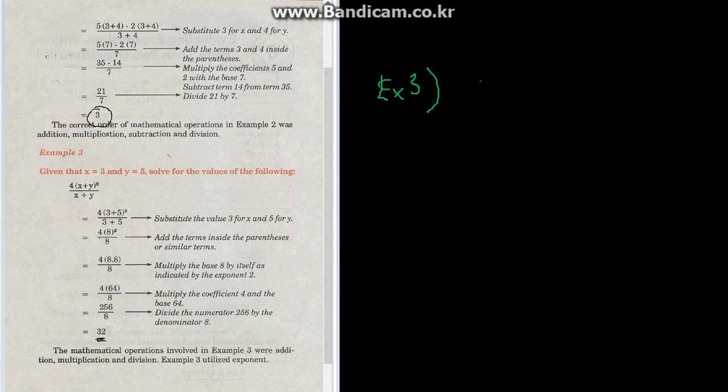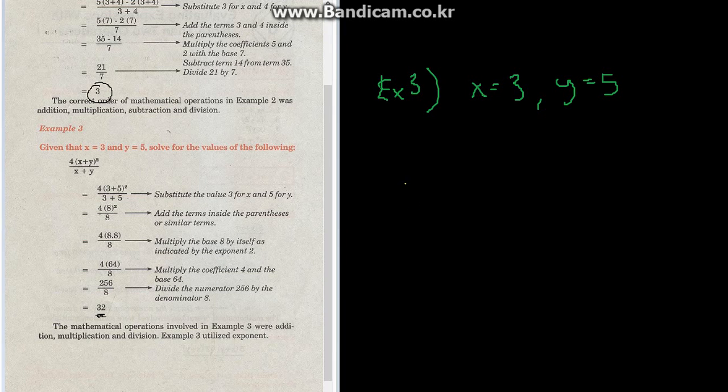We are given that x is equal to 3 and y is equal to 5. And we have 4 times (x plus y) to the second power divided by (x plus y). So we just have to substitute x as 3 and y as 5.